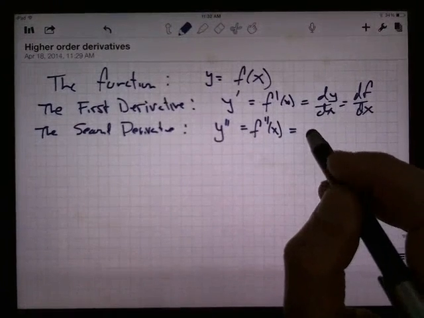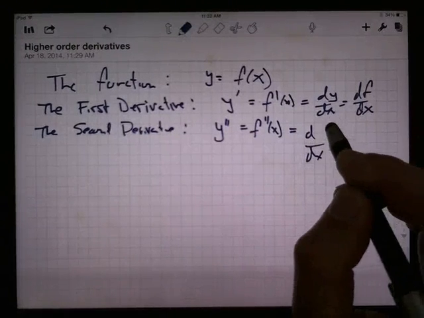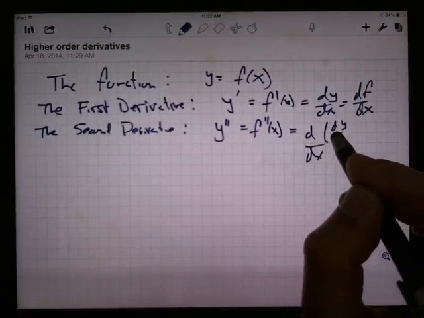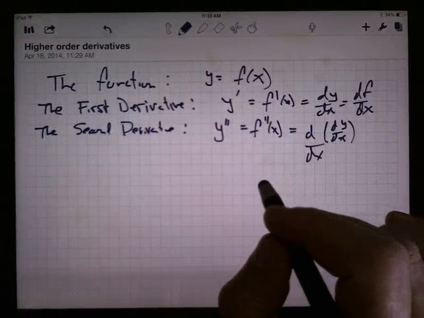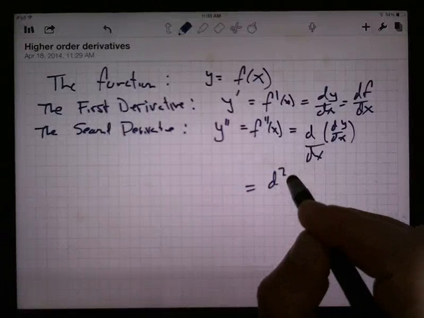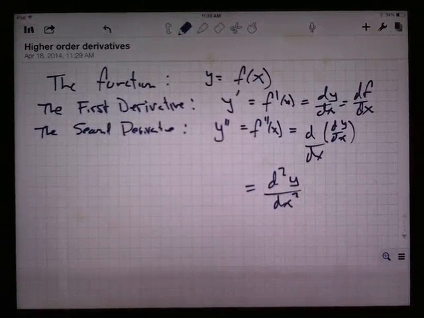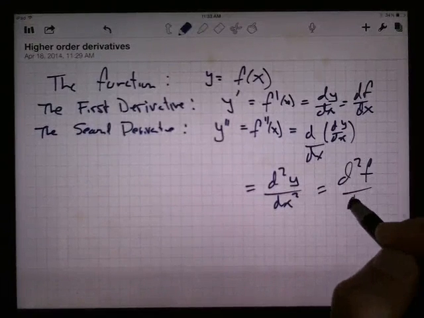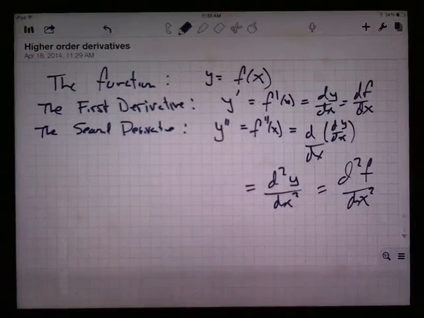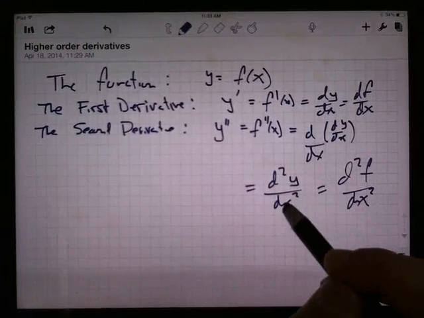I take the derivative with respect to x of the derivative, and let me simplify that. This looks like d squared y dx squared. That's the way we write the second derivative, or d squared f dx squared. Right? The d's get multiplied together, the dx's get multiplied together.